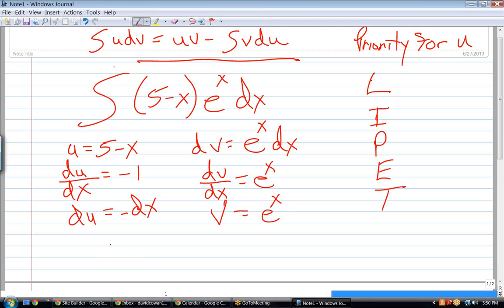So that is (5 minus x) e to the x minus the integral of e to the x times negative dx.